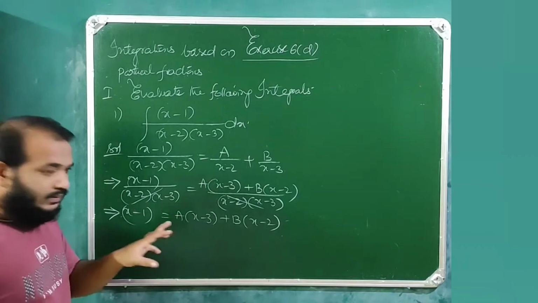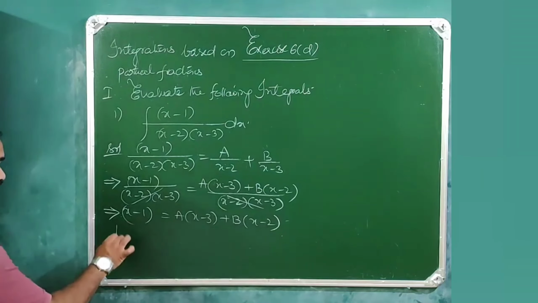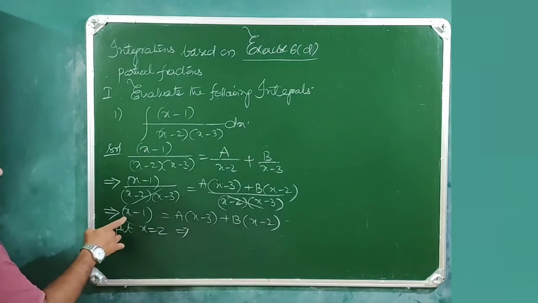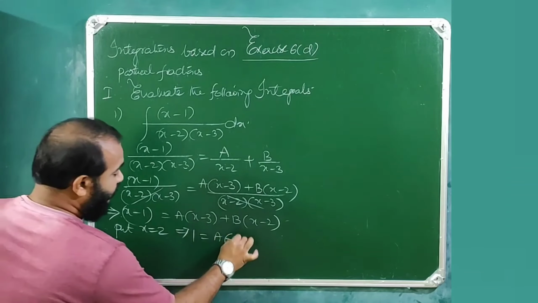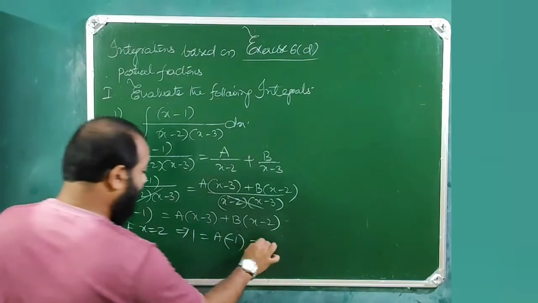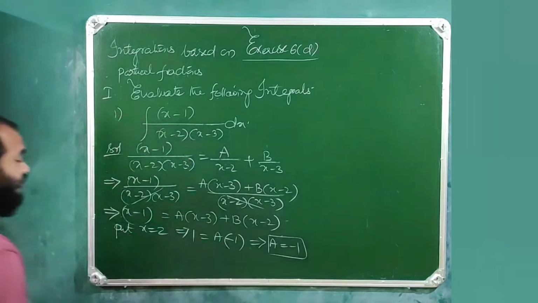So let us substitute x equals 2 and x equals 3 in this equation. Put x equals 2, we get 2 minus 1 is 1, a into 2 minus 3 is minus 1, b into 2 minus 2 which is 0. So from this a is equal to minus 1.